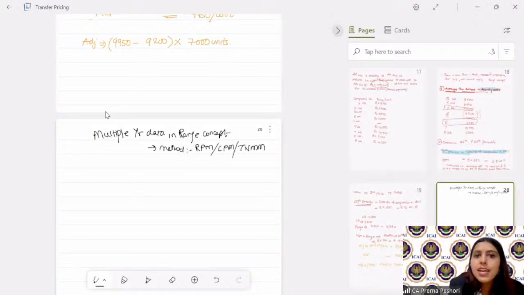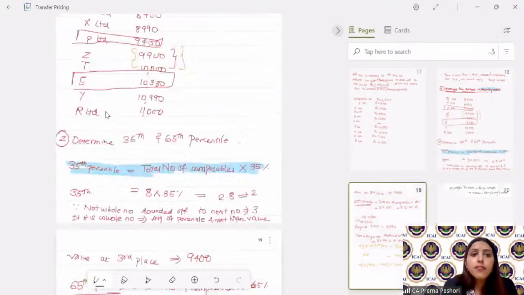Just like when the assessee does not have the data of comparable, he can take the data of the last year, and the method should be RPM, CPM or TNMM. Even for the range concept, we can take the multiple year data of the comparables, but the method should be RPM, CPM, TNMM. For the CUP method, we cannot take the multiple year data.